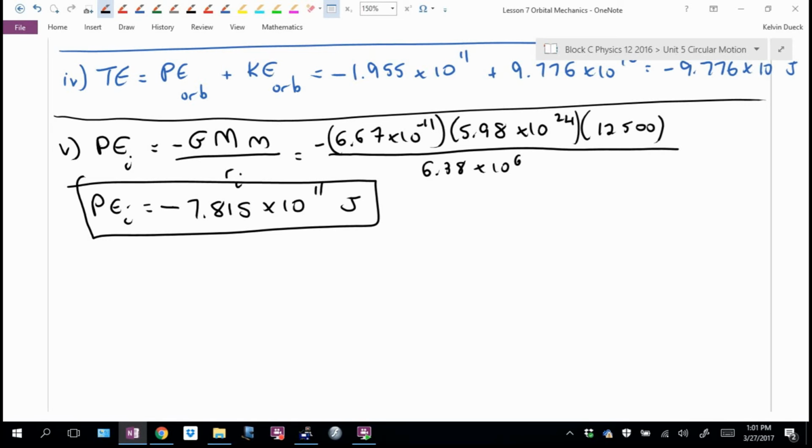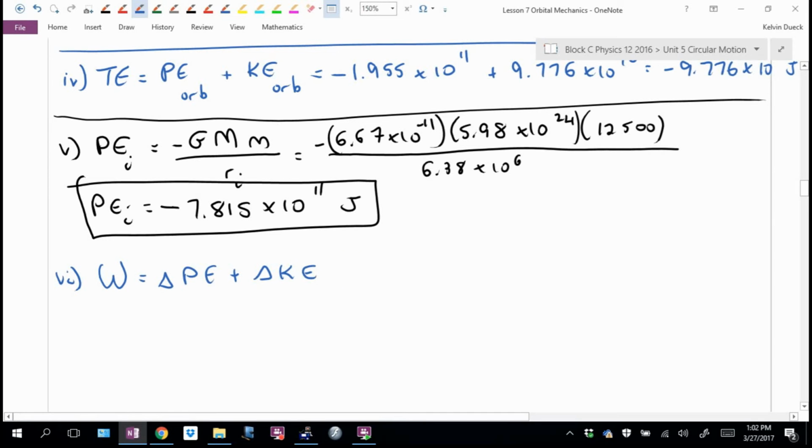Rylan, what's the very last thing they want me to find? Work. I would have no problem skipping all these intermediate steps and just asking you this last bit, because watch. Work is going to be the change in potential plus the change in kinetic. Rylan, what's changing?